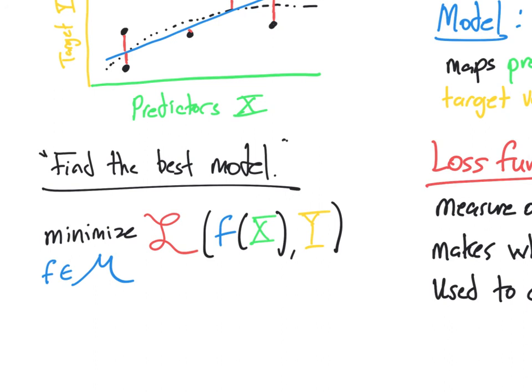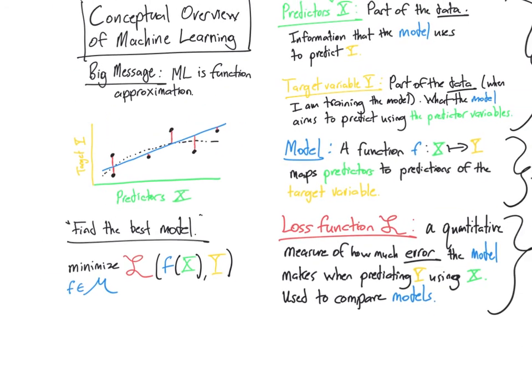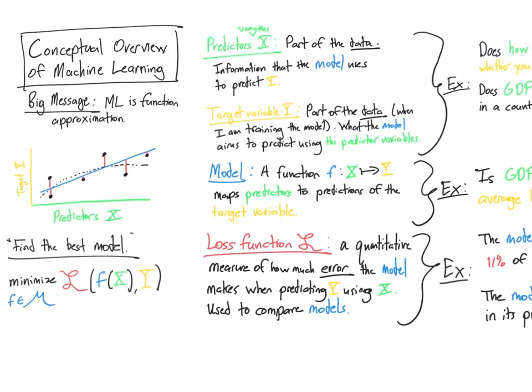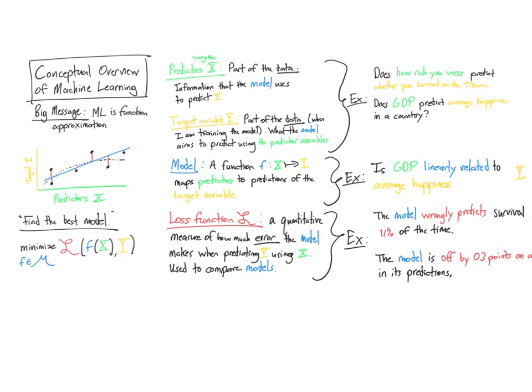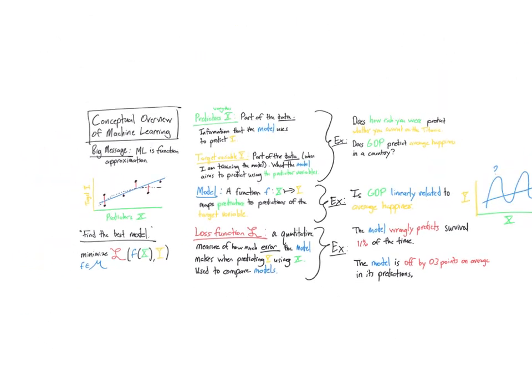And furthermore, mathematically, how do I actually find the best model? How do I do this minimization problem? It's often computationally very difficult. So these are some of the core problems at the heart of machine learning, and we are going to look at some of them as we work together in our time studying this machine learning problem.